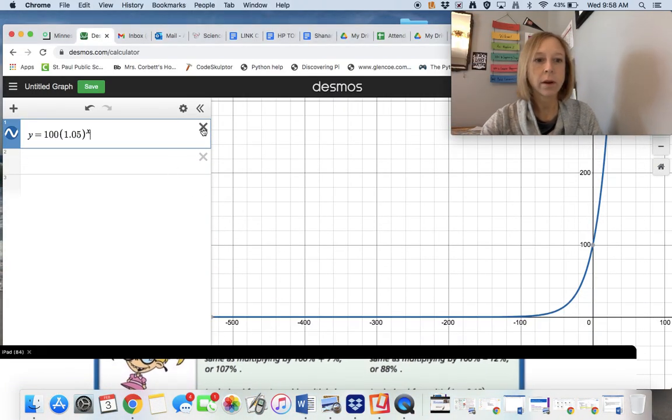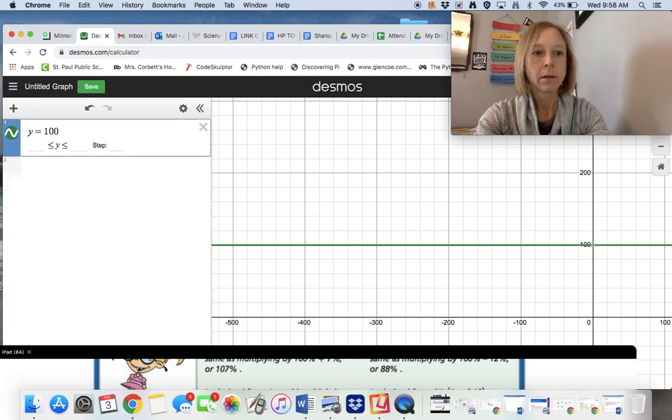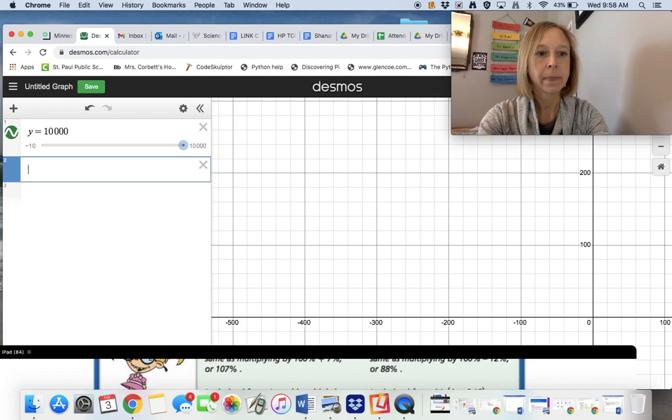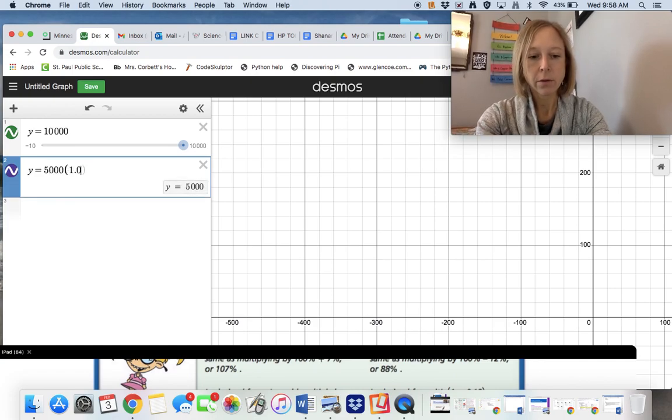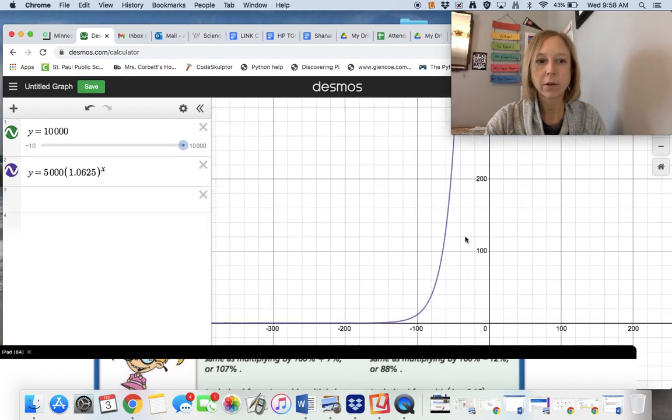So one of our y values is just equal to 10,000. The next one, we have y equals our initial amount, 5,000, times 1.0625 to the power of t. We'll use x in Desmos. So we can see this exponential growth function.